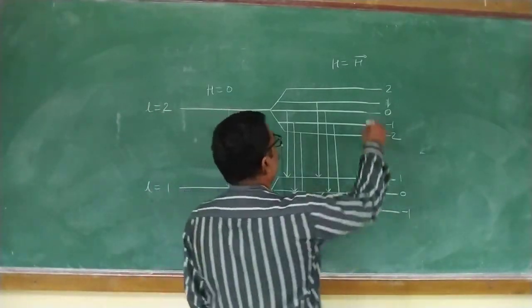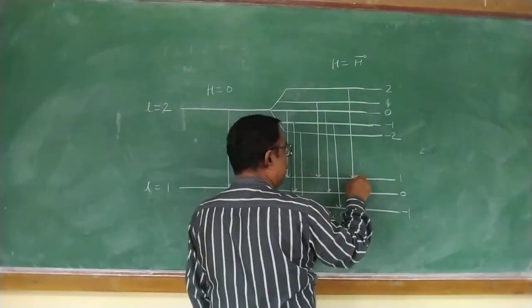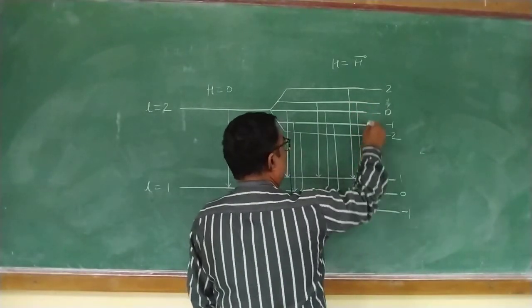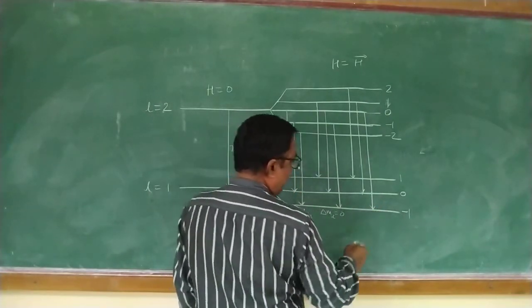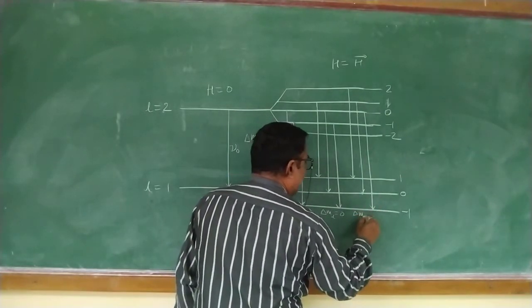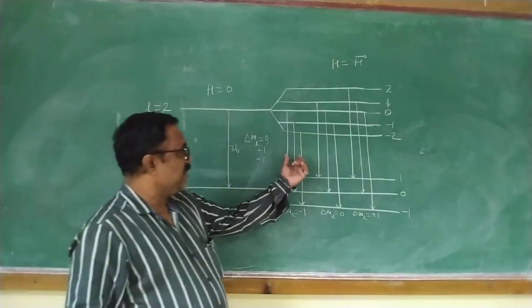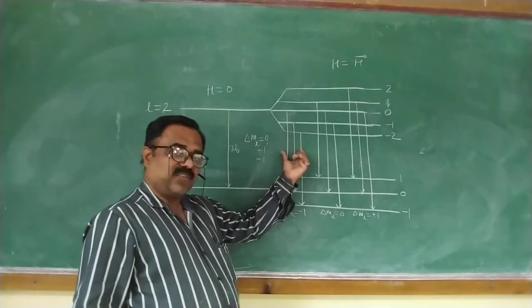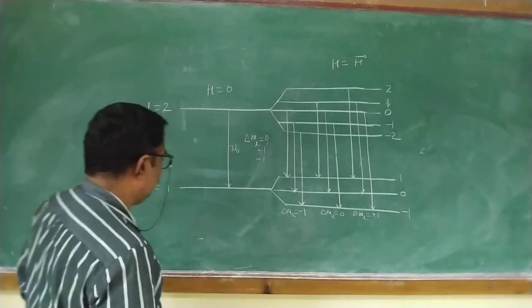Plus 1 will give you from 2 to 1: 2 minus 1 is 1, 1 minus 0 is 1, and 0 minus minus 1 is again 1. So that is delta ml equal to plus 1. Okay, so these are 3 lines over here, and these 3 lines have the same frequency.